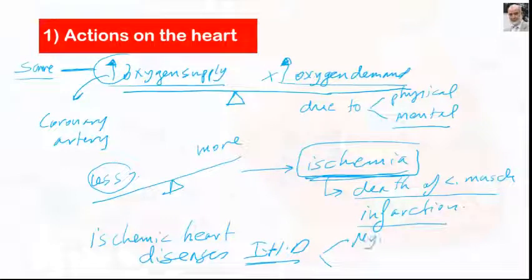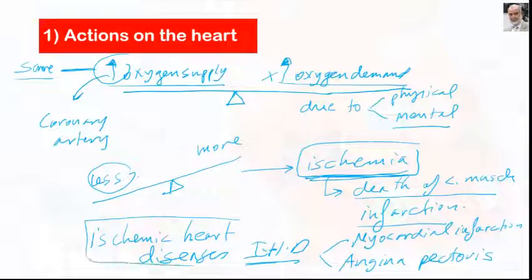One is known myocardial infarction, which we'll talk about inshallah maybe in another 2 or 3 presentations, and angina pectoris. Okay, so beta blockers, they are very important drugs which are used in ischemic heart disease. Why? Because they decrease the oxygen demand, returning the balance to normal.